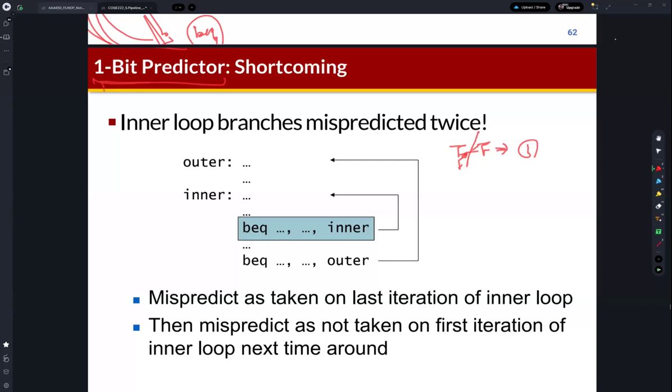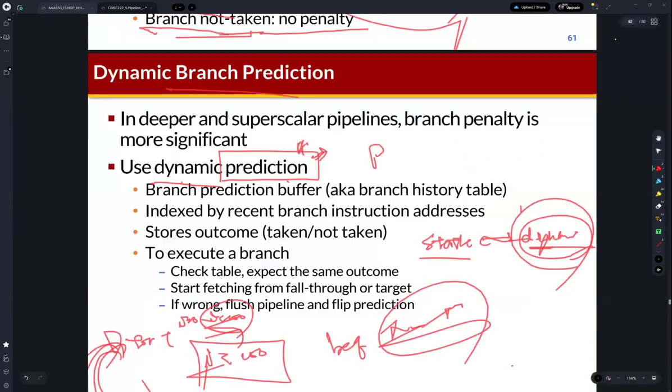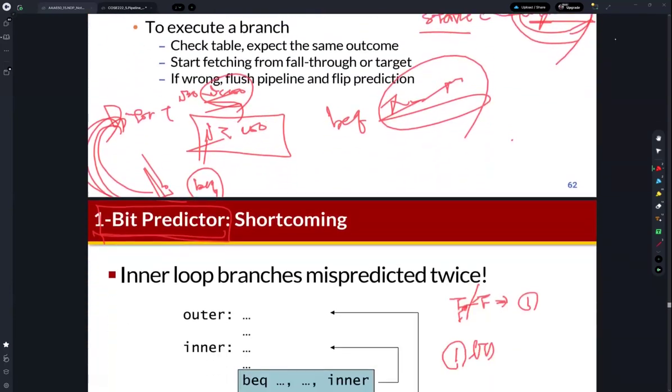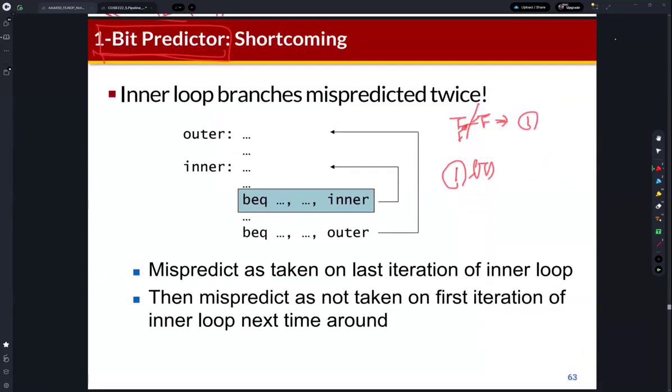So a one bit predictor means that we just store the one past event of this branch instruction. Based on the past event, if the result is 1, then it's true, and we predict that the next event is also 1. This is the one bit predictor.